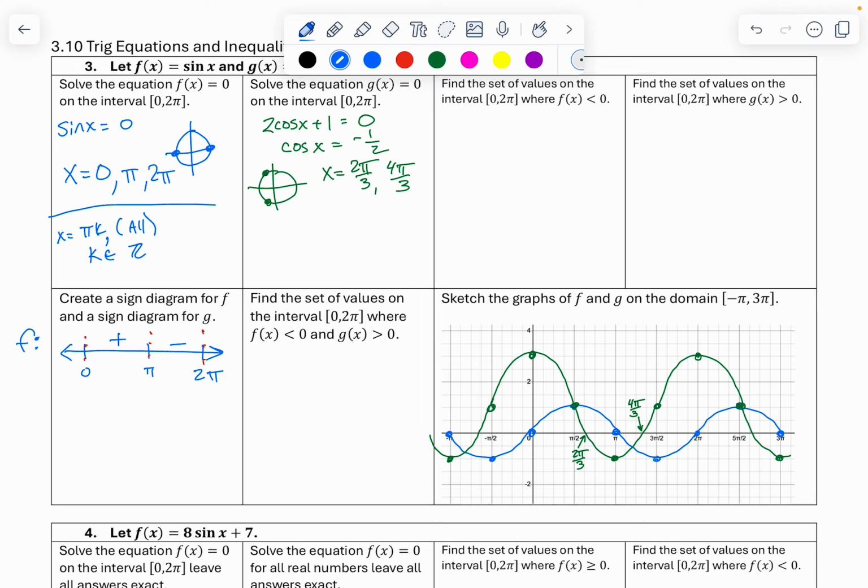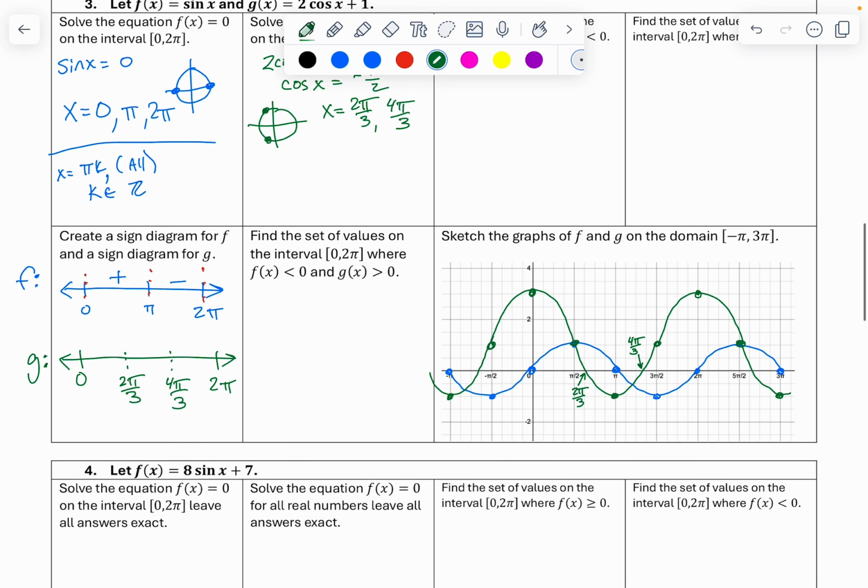We're just really good at graphing sine, and it just kind of seems obvious. We could plug in pi over 2 and see. Okay, so for my g, I have 0 and 2 pi again, but those are not zeros, so I'm not going to make them dotted. But I had a zero at 2 pi over 3 and a zero at 4 pi over 3.